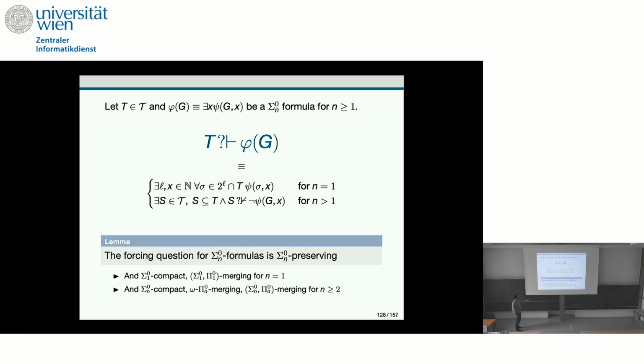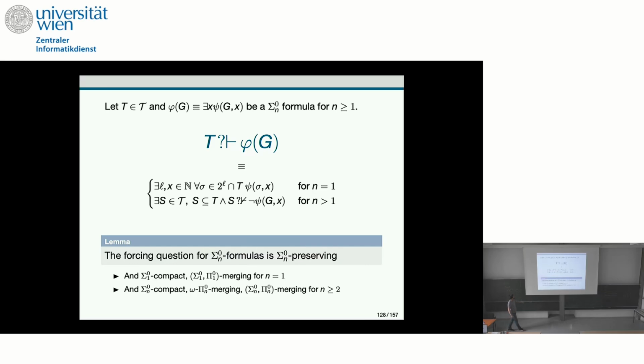So we have distinct cases, which means that the forcing question in general for Σ0n formulas is Σ0n preserving, but depending on the level, it will not always have the same combinatorial properties. At the first level, it behaves like Jockusch-Soare forcing, so it's Σ01 compact and Σ01 Π01 merging because it's extremal. As soon as you are extremal, you are Σ01 Π01 merging.